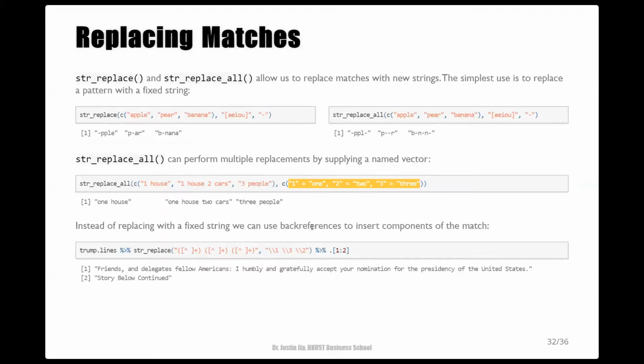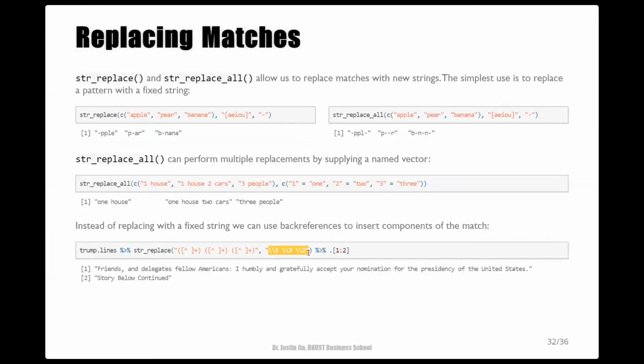Instead of replacing with a fixed string, we can use back references to insert components of a match. In this example, this regular expression matches the first three contiguous space-separated substrings and results in three capturing groups. And the substitute is also specified by a regular expression that contains back references.